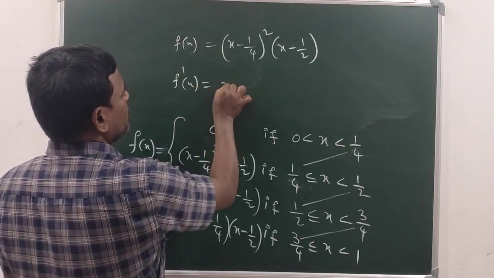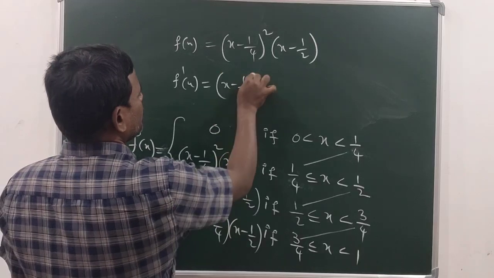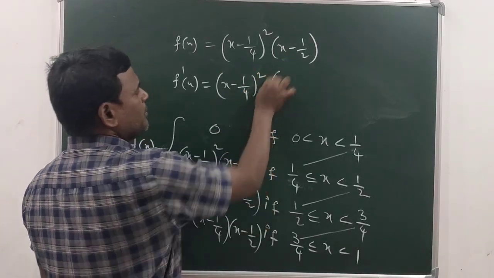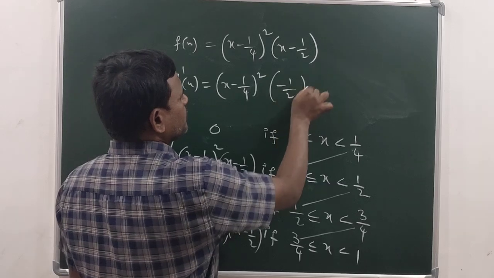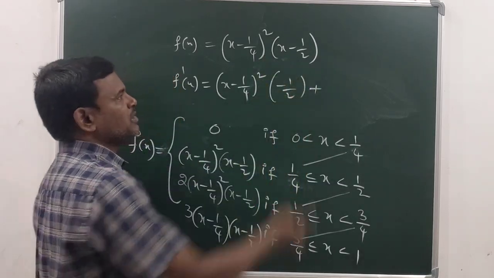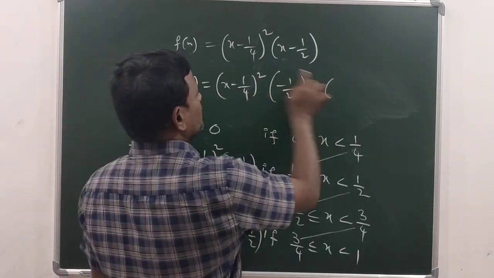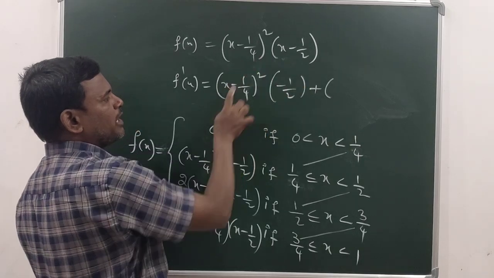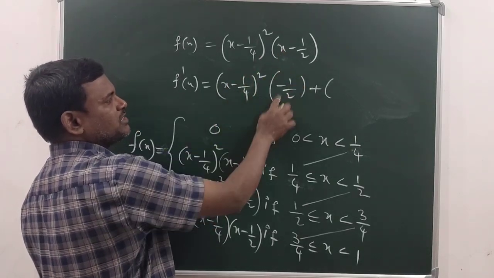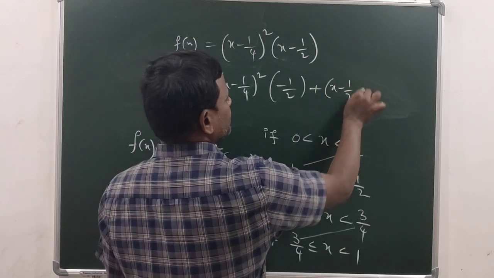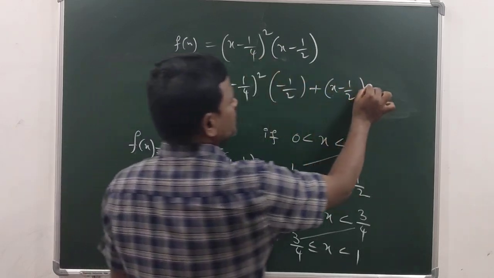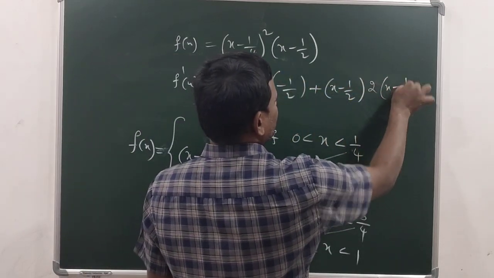So here I am following the UV rule. Keep it aside, this is u, this is v. I kept u aside, I did the derivative of this, I got minus 1 by 2. I am going to keep this outside and do the derivative of this. It is going to be x minus 1 by 4.